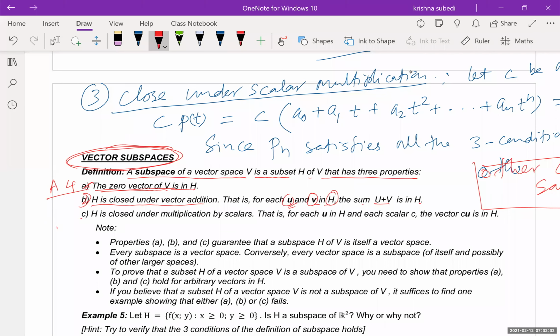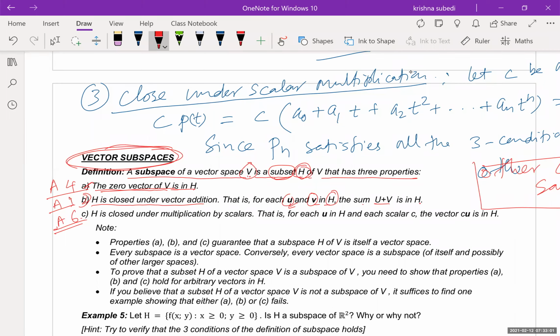Axiom 4, axiom 1, axiom 6. If a space satisfies those three conditions, notice that V is a vector space and H is a subset of V. I believe you know what is the meaning of subset. So H can be equal to V or less than V. It cannot be greater.